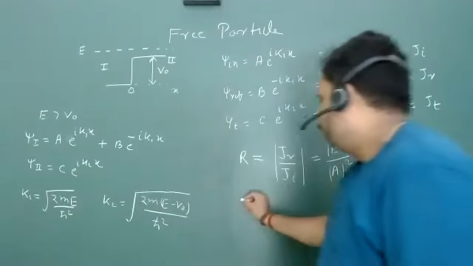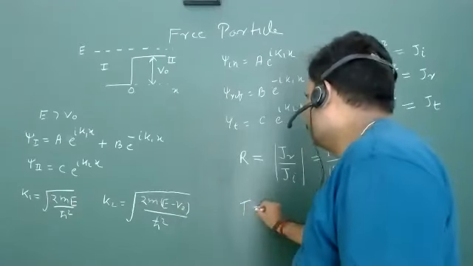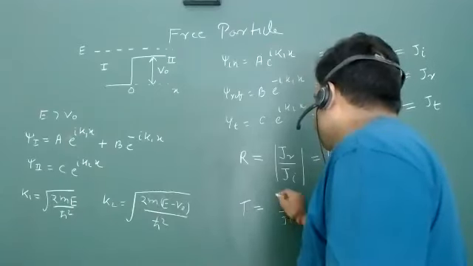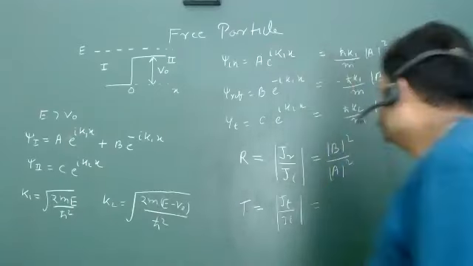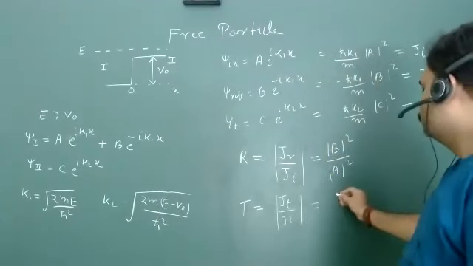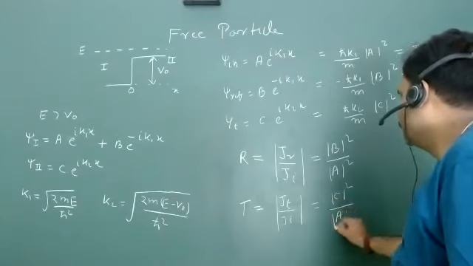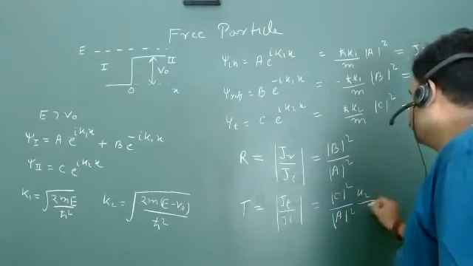Similarly, we can find the transmission coefficient, which will be J T upon J I, taking the mod value, and this is equal to mod C square upon mod A square times k2 upon k1.